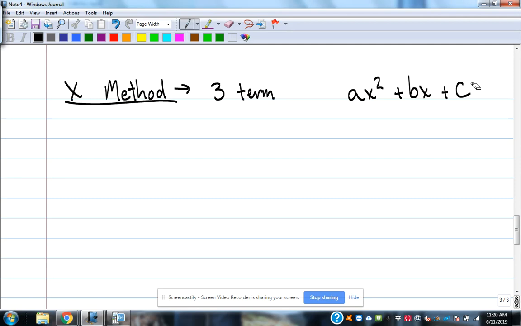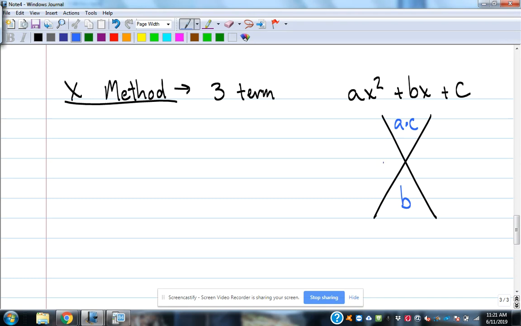The way you set up the X method, you multiply a times c and put it in the top of the X. And in the bottom of the X, whatever's in front of x is b. B goes in the bottom. Okay. A times c in the top, b in the bottom.